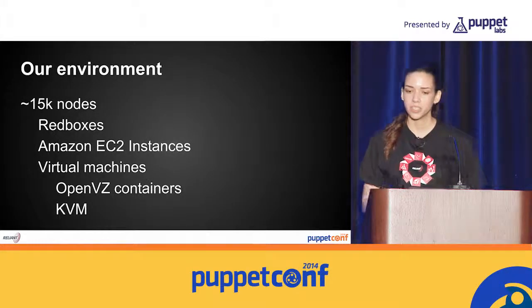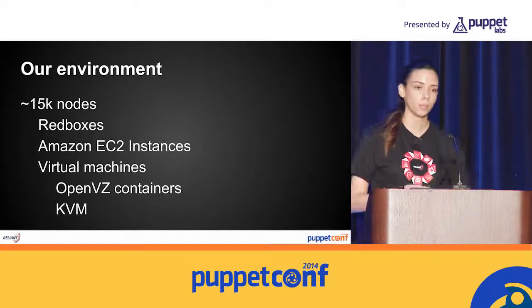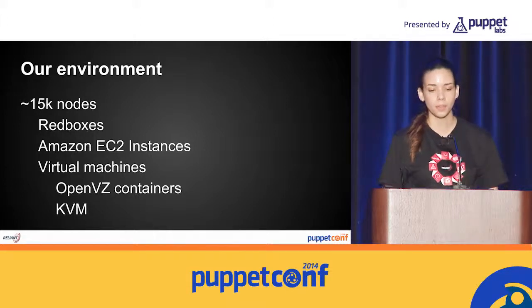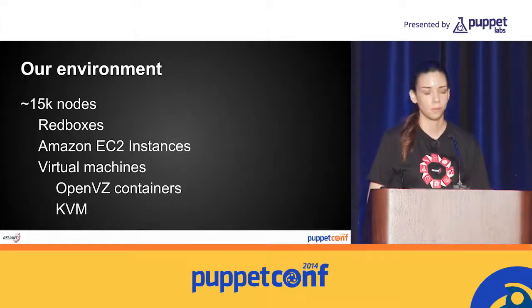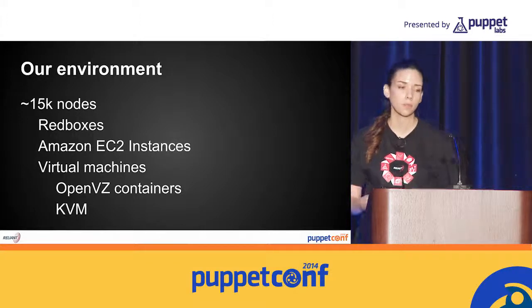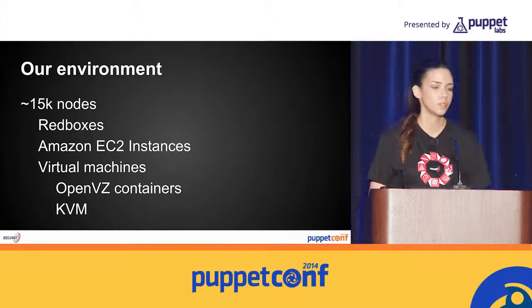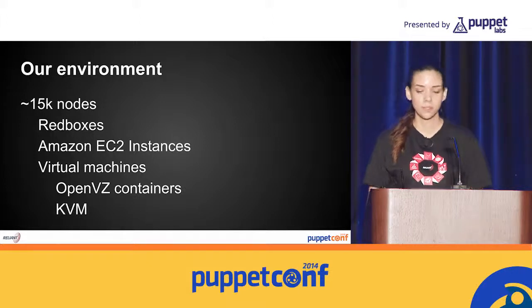So just to tell you something about our environment, we have in total around 15,000 nodes. All of them are managed with Puppet, and these nodes are mostly small appliances that we sell for retail stores and food chain restaurants.